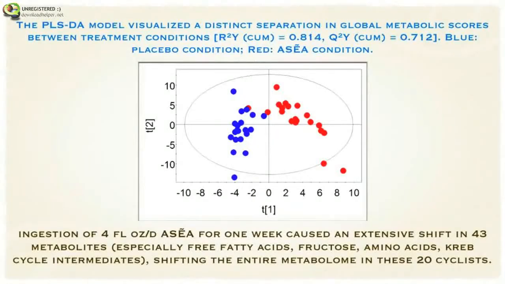So using very, very specific ultra-sensitive mass spectrometry, this study demonstrated a huge shift in 43 of 108 metabolites. In this graph here, you're seeing the blue dots would be the placebo group, and the red dots being the active or ASEA group.